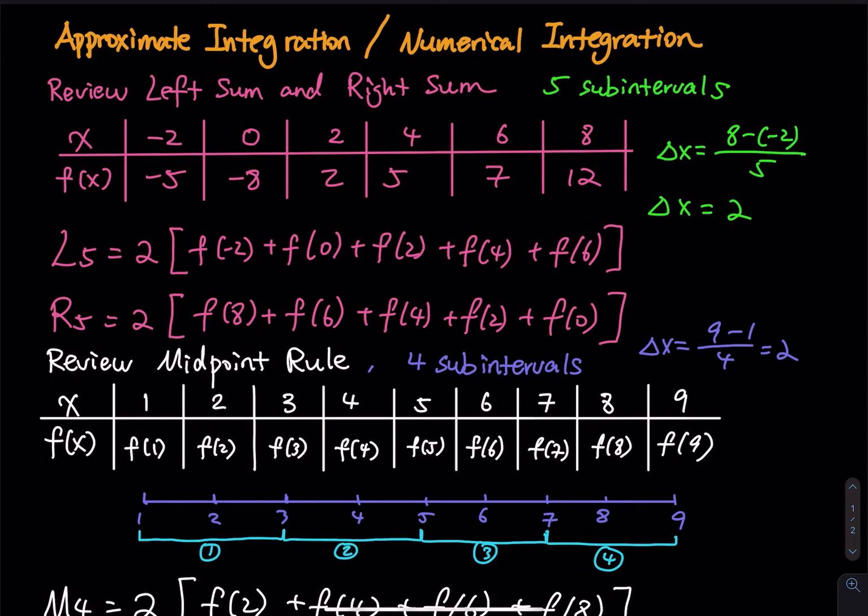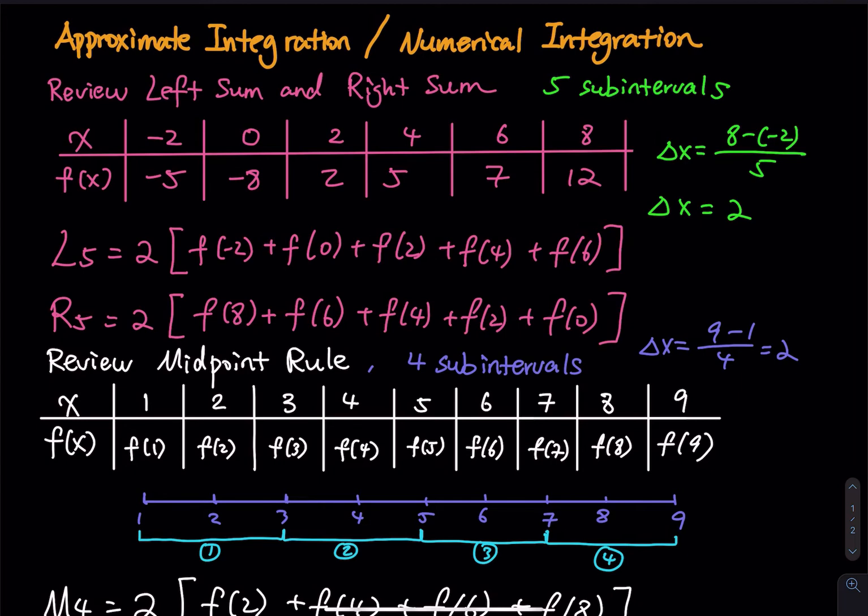And then for the right sum, you pick the first 5 values from right to left, from 8 all the way to 0. You do not pick the last value. So that will be delta x, 2, times f of 8, 6, 4, 2, 0.